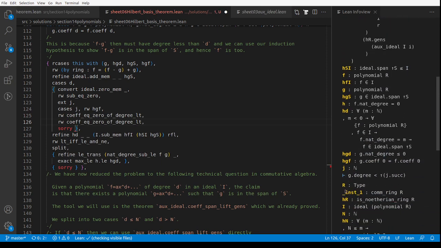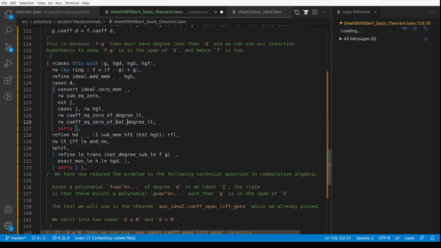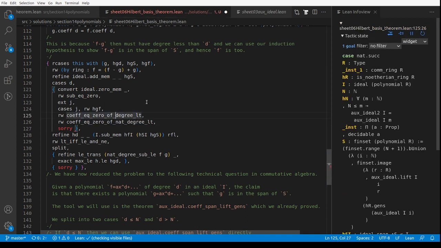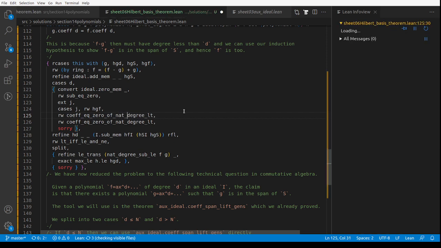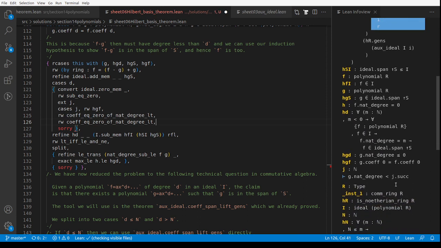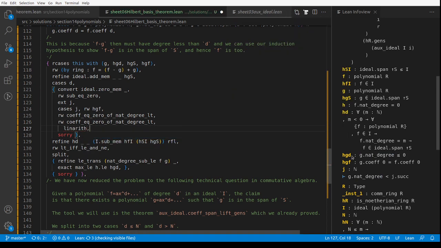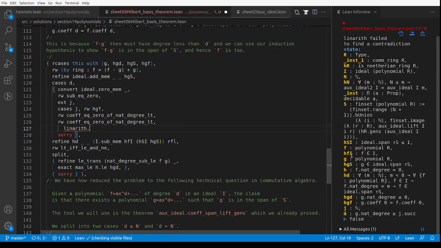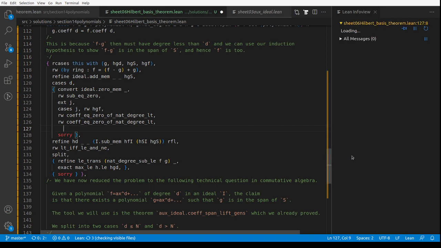So now I've got to prove that the degree, oh, I don't want this, I want natDegree. Is that a thing? Looks like it is. I've stuck with natDegrees so far. Great, I've got 2 goals. And now this one here, so linarith will solve that one, I would imagine. It doesn't. That's interesting.